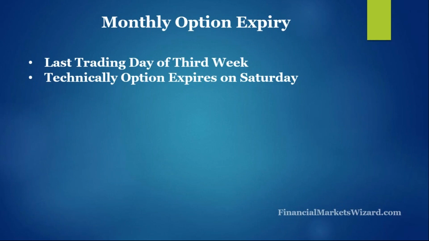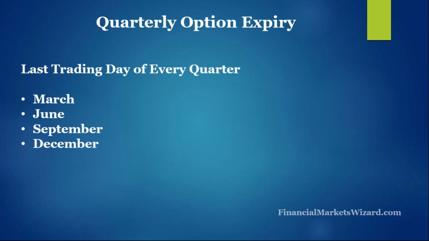But technically, the option expires on Saturday. So that's the monthly option. Now, quarterly options expire on the last trading day of every quarter. There are 4 quarters in a year: March, June, September, December. So the quarterly option expires on the last trading day of every quarter.